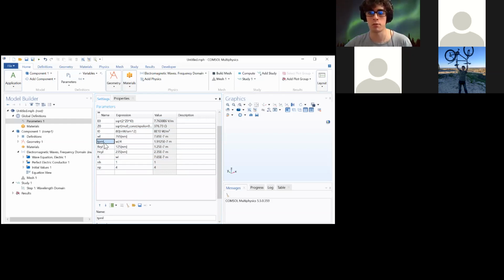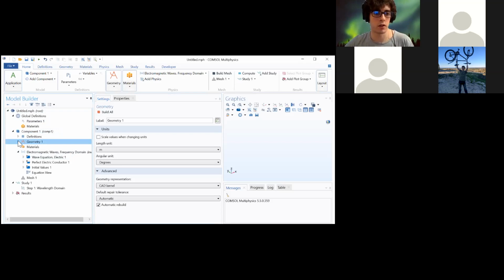TPML is the thickness of the PML that we're going to make. Radius of the cylinder, height of the cylinder, radius of the physical domain, which I make equal to the wavelength, but not necessarily. Refractive index of the host medium, and particle refractive index, which I just set to 4 for simplicity.